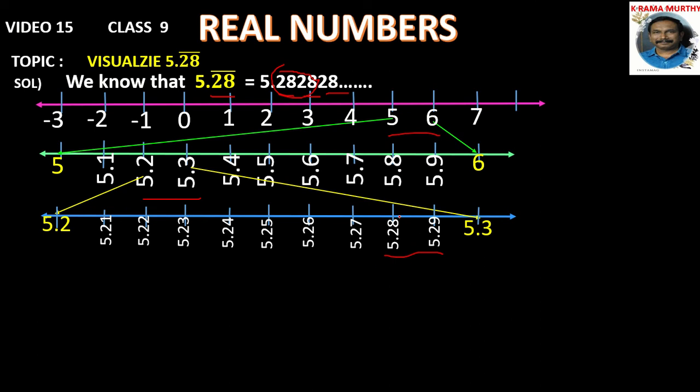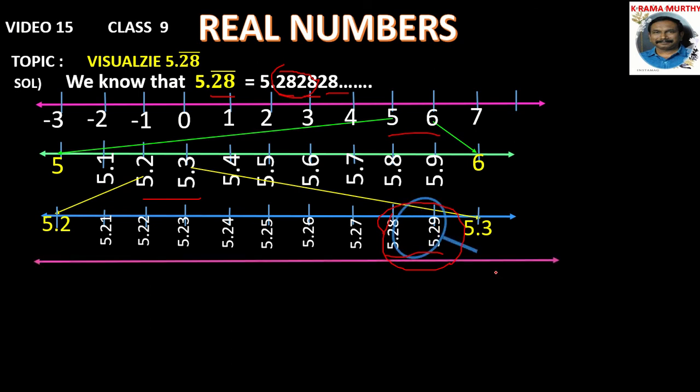So again we should magnify the space between these two, draw a line and magnify the space like this. Hence at one end is 5.28 and the other end is 5.29. Again divide the space between these two into 10 parts like this.